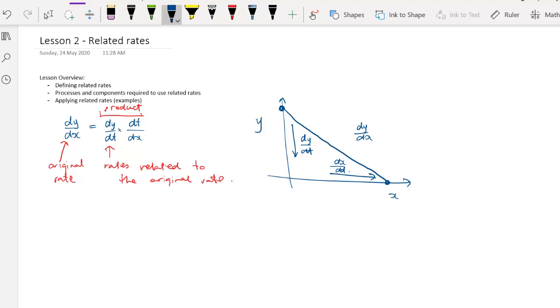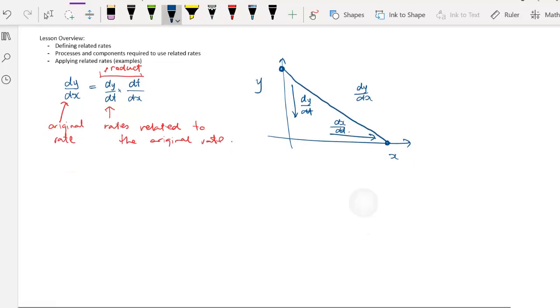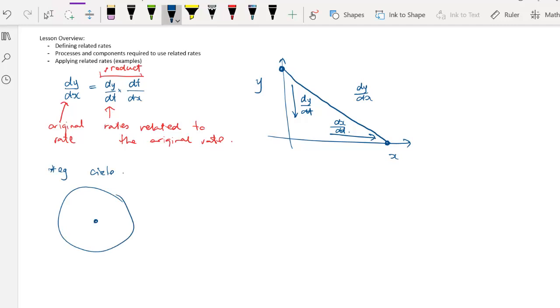Now, if we want a simpler example, a place that most people start with related rates is looking at a circle increasing with a set rate of change. For example, we can look at a circle with a radius r and an area which is given by pi r squared, and we can say that the rate of change of the radius is 2 centimeters per second.